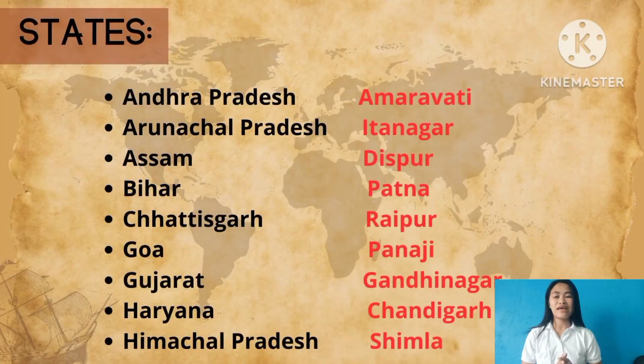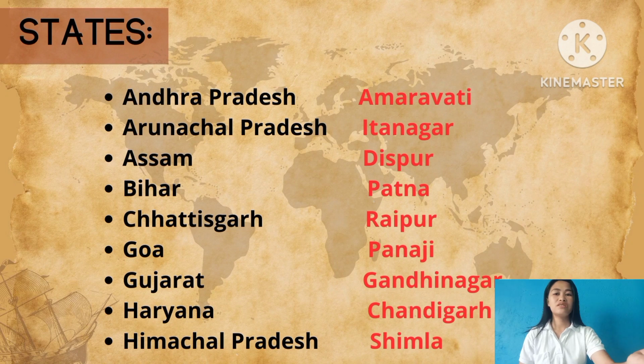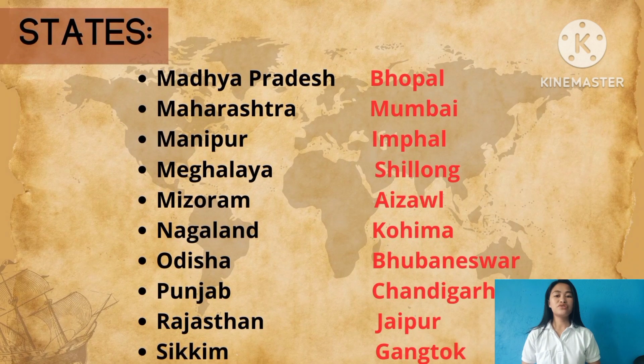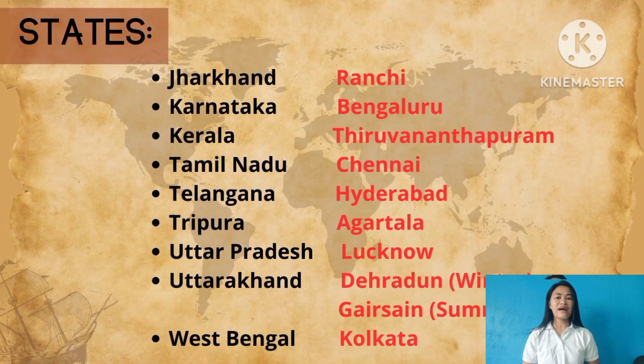There are 29 states in India, namely Andhra Pradesh, Arunachal Pradesh, Assam, Bihar, Chhattisgarh, Goa, Gujarat, Haryana, Himachal Pradesh, Madhya Pradesh, Maharashtra, Manipur, Meghalaya, Mizoram, Nagaland, Odisha, Punjab, Rajasthan, Sikkim, Jharkhand, Karnataka, Kerala, Tamil Nadu, Telangana, Tripura, Uttar Pradesh, Uttarakhand, and West Bengal.